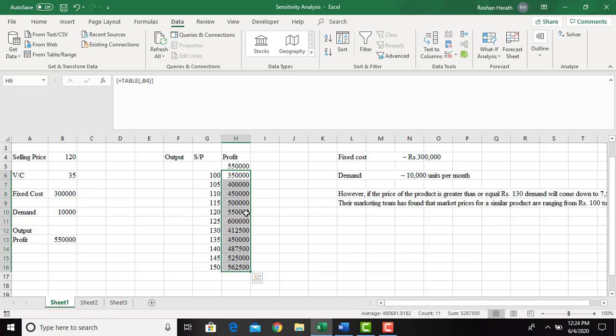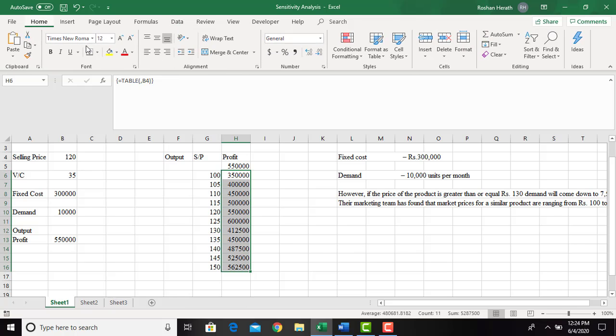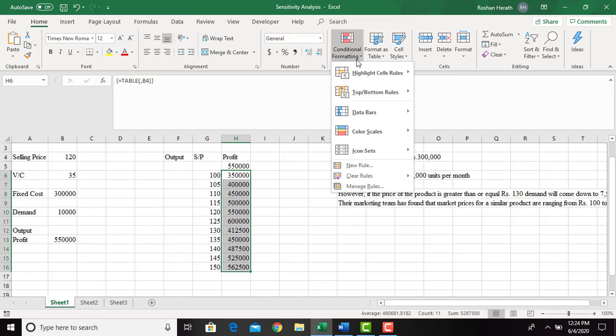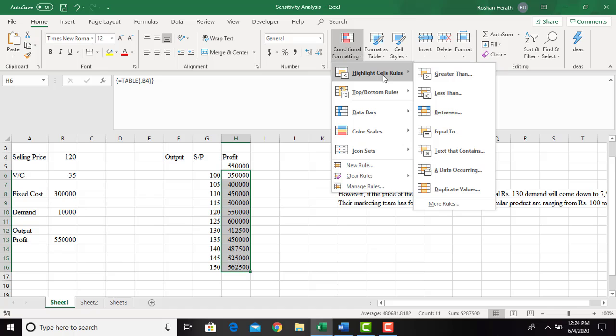Right? එහෙනම් අපිට පුළුවන් home tab එකට ගිහිල්ලා conditional formatting එකක් කරලා මේ ටික highlight කරගන්න. So we may, let's ask to highlight the greatest values.